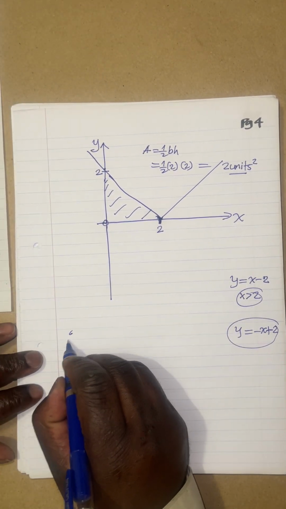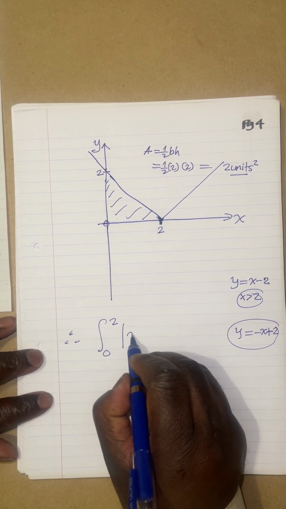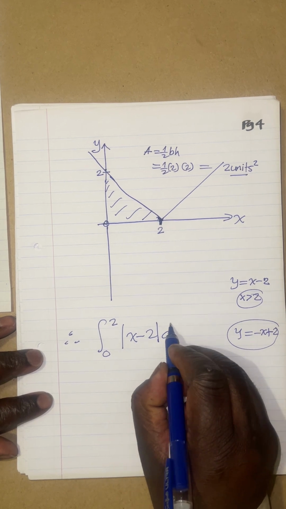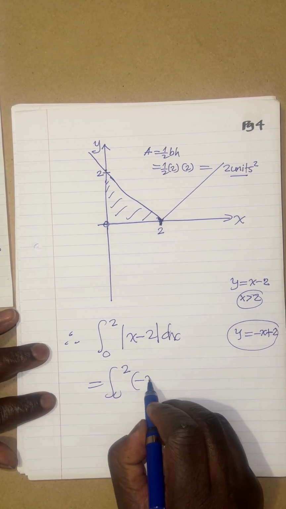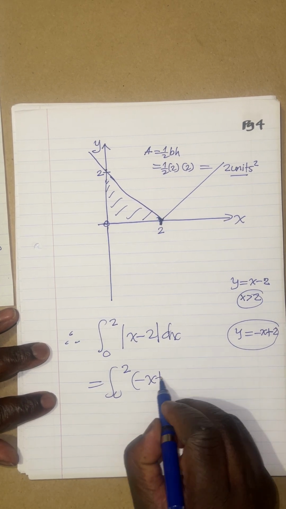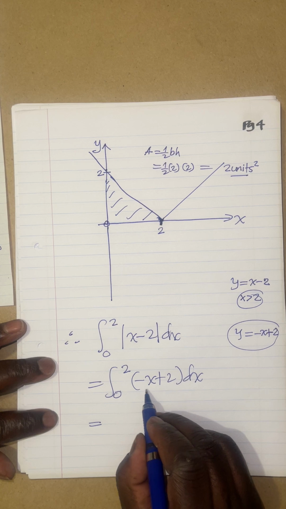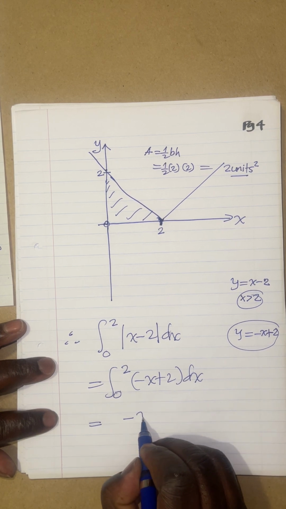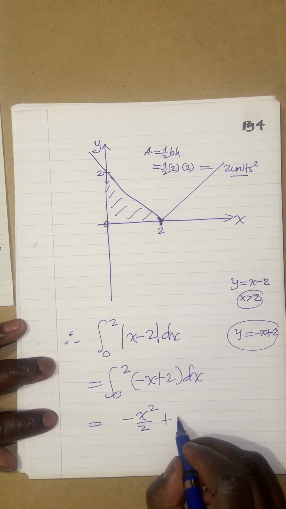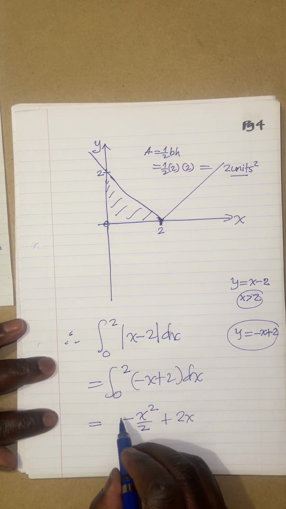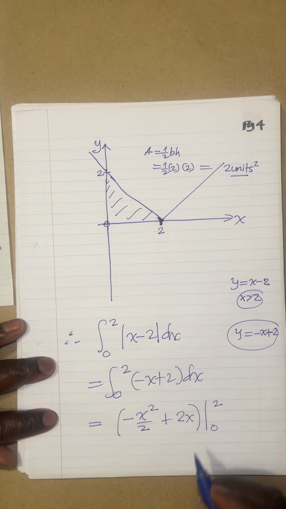So we're going to say, therefore, our integral from 0 up to 2 of the absolute value of x minus 2 dx is just equal to the integral from 0 up to 2 of minus x plus 2 dx. Now, integrating minus x, the answer is minus x squared over 2, plus the integral of 2, which is 2x. Limits of integration are from 0 up to 2.